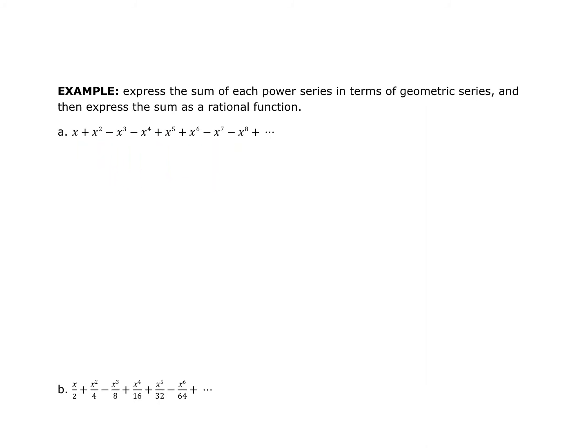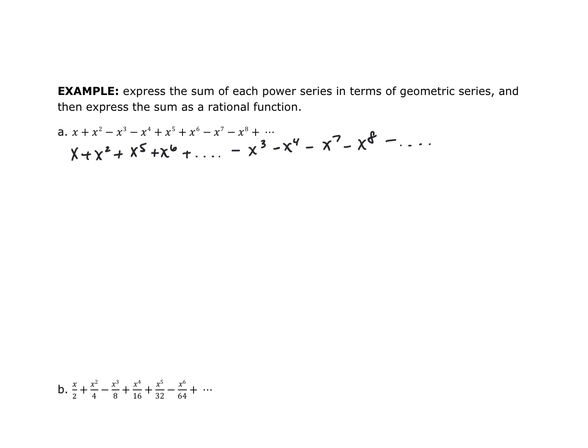So let me put them together based on the sign in the front. I start out with x plus x squared plus x to the 5th plus x to the 6th plus ... and then minus x to the third, minus x to the fourth, minus x to the seventh, minus x to the eighth, minus dot, dot, dot. So I'm trying to find a pattern here. Well, from 1 to 2 is a difference of 1.